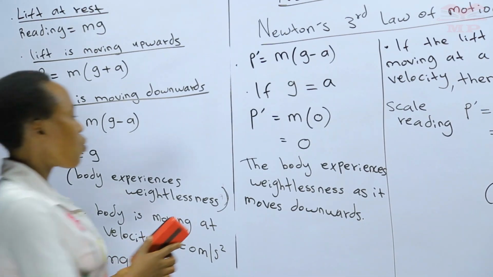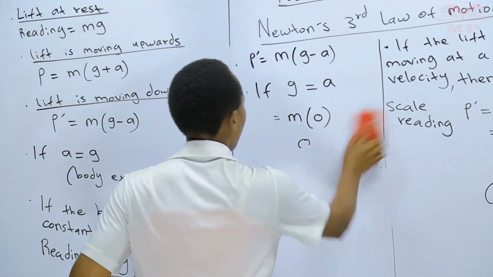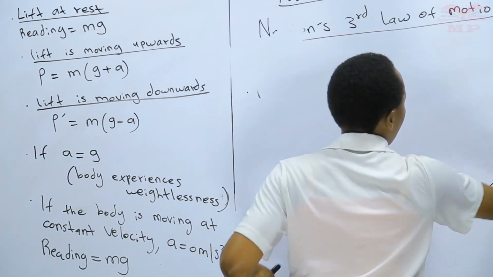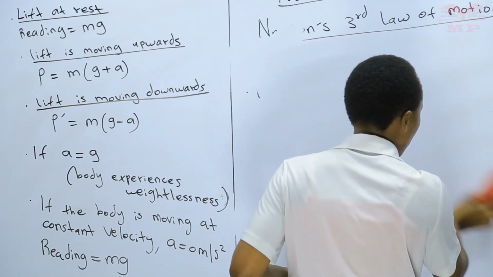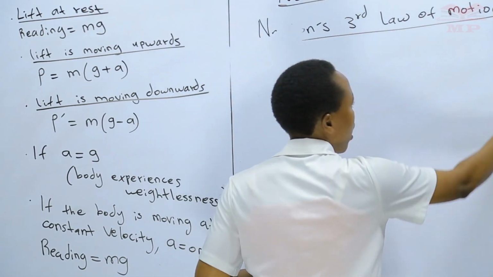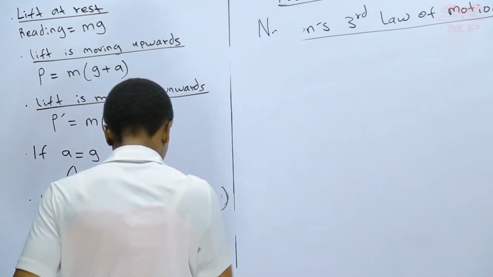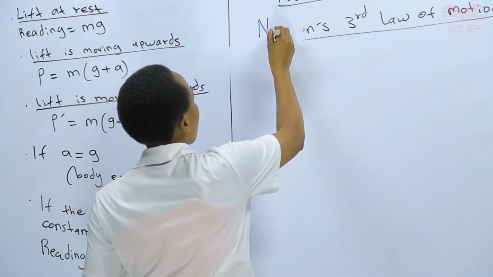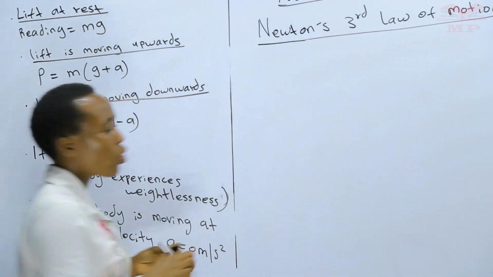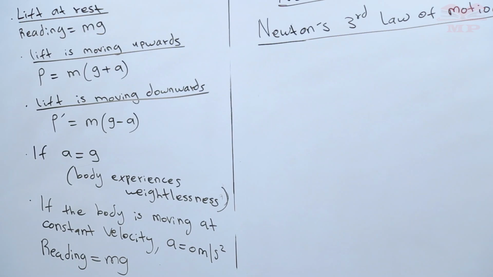So I'd like us to do one example on Newton's third law of motion, whereby we are saying that for every action there is an equal and opposite reaction. So again, we are still in Newton's third law of motion. So I want us to do this question together.